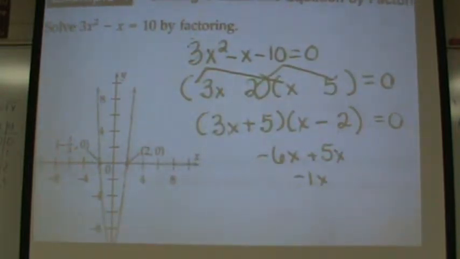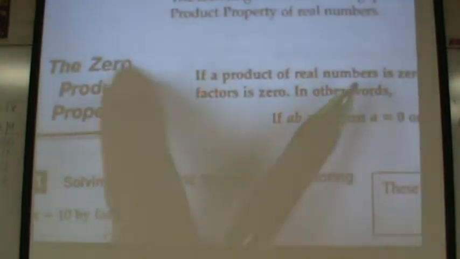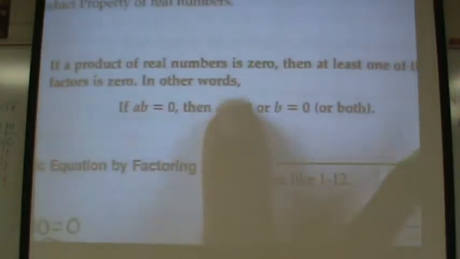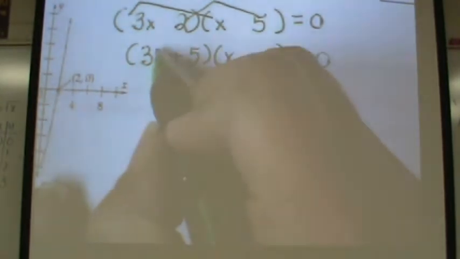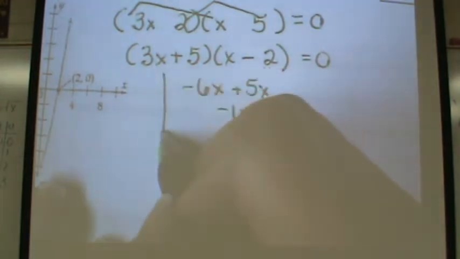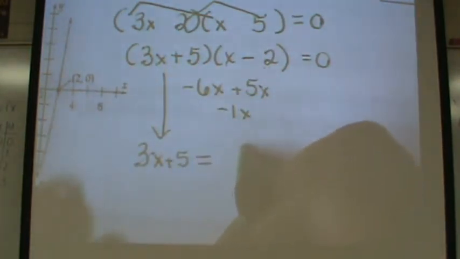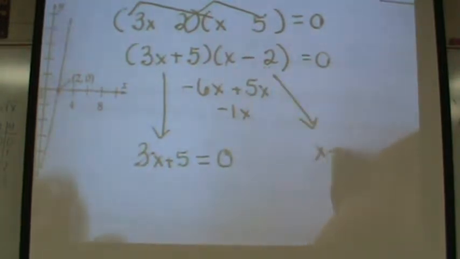Yep. Now, we have to remember the zero product property that says if you have a product set equal to 0, either A is 0 or B is 0, or both. So we're going to pretend this is our A value, this is our B value. Your job is to set each of these parentheses equal to 0 and solve them. Remember this step?